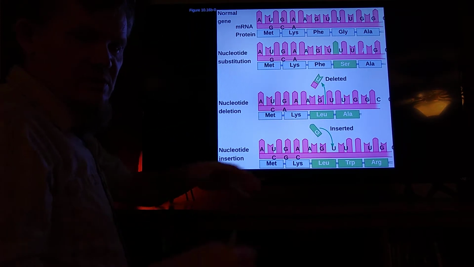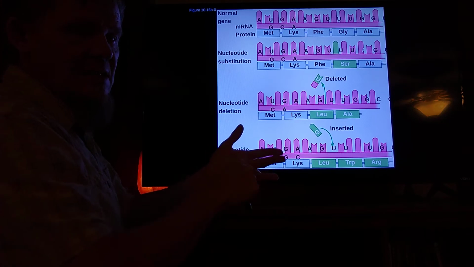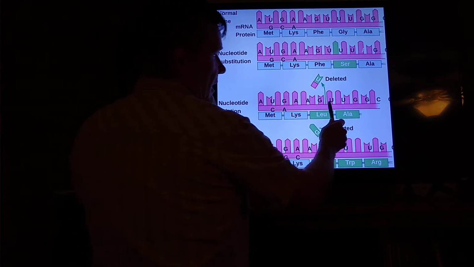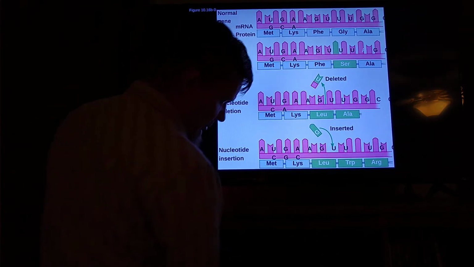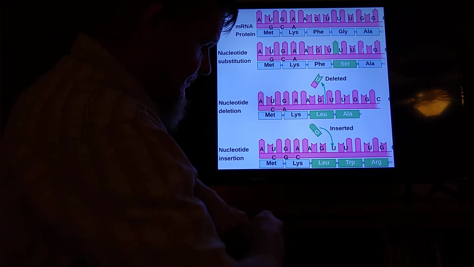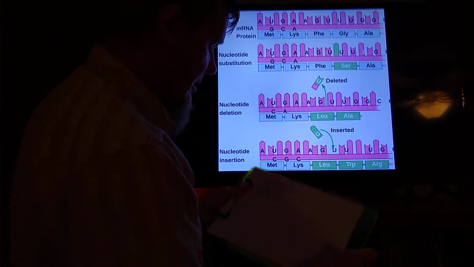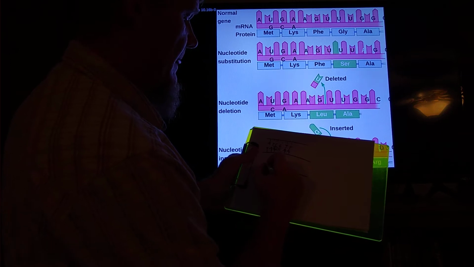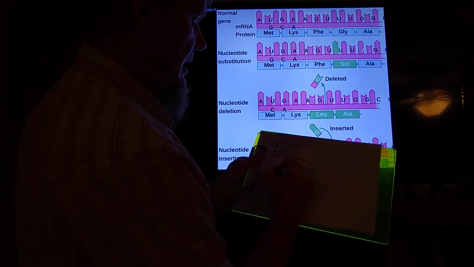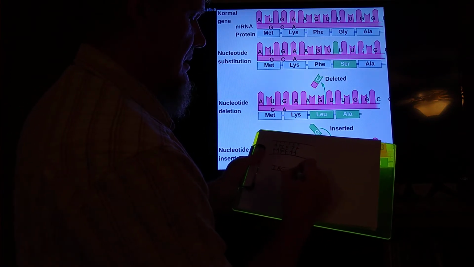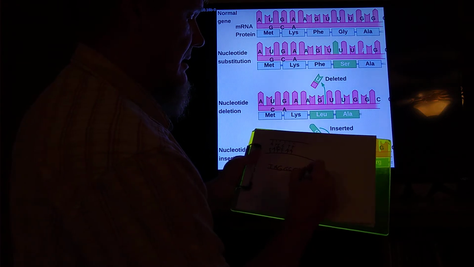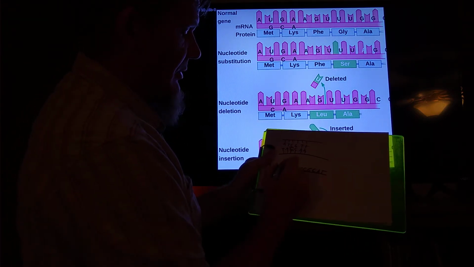Because if it was supposed to be T, A, T, T, and then all these different ones, by deleting one letter, T, A, G, G, C, G, C, A, T. I'm reading these, remember, three at a time.